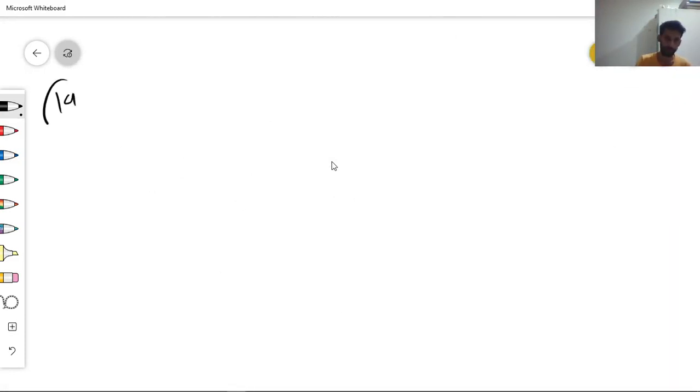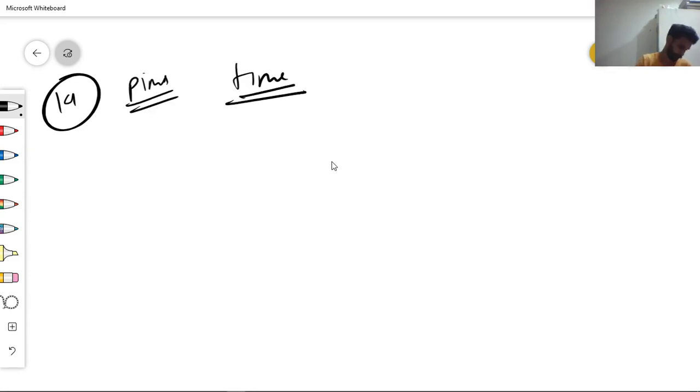Question number 14. Here is the pipes, time, efficiency, and work.